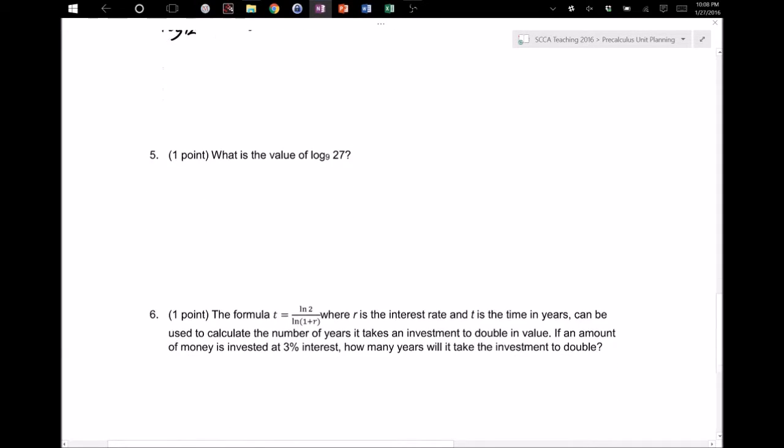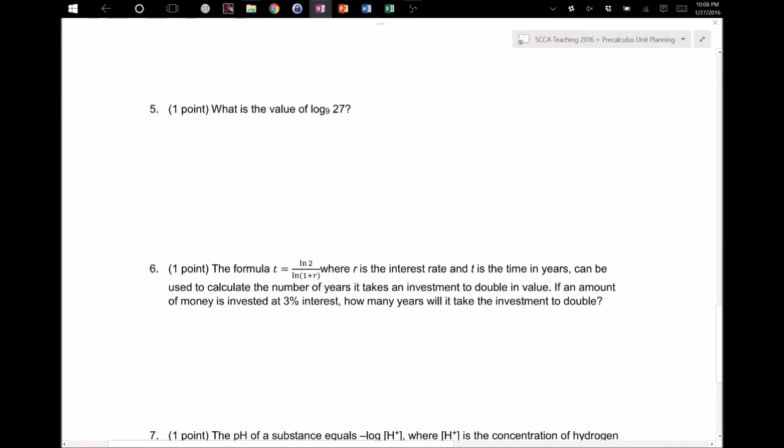All right. Now, problem number 5 is perhaps a little trickier, because here's what I was thinking. You can decompose 27 into 3 and 9. This is log base 9, so I want to express 27 in terms of 9.